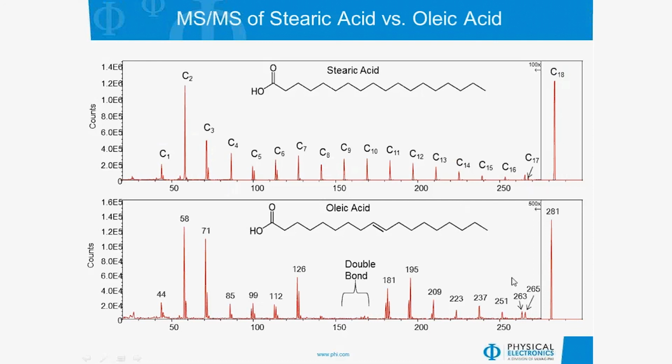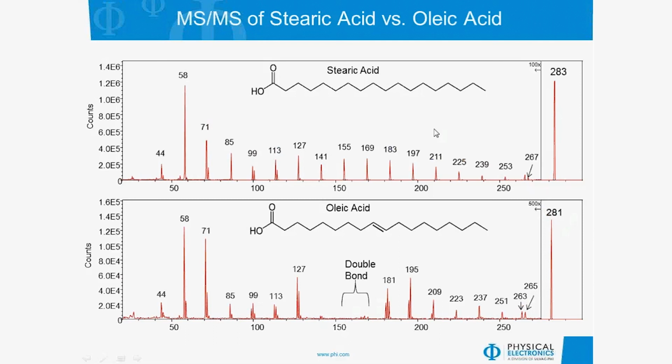In the oleic acid, it starts out the same, but then that's interrupted for the double bond. And what you can see is that if I put the mass up on the stearic acid, starting from the precursor, all of the fragments are shifted by 2 compared to the oleic acid, including the precursor, but then after the double bond, they're the same.